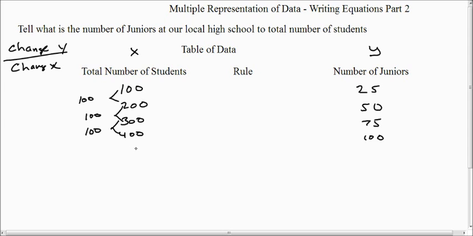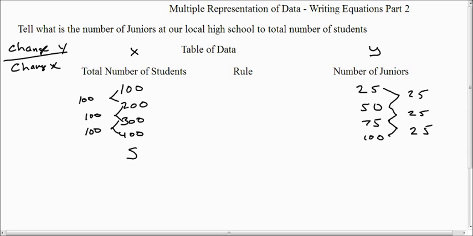Some student numbers we don't know. Now let's subtract the number of juniors. 25 from 50 is 25. 50 from 75 is 25. 75 from 100 also is 25.